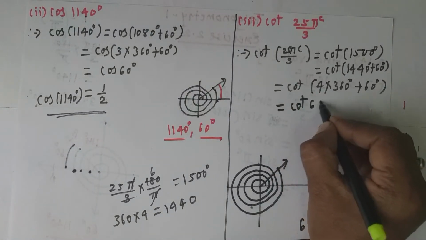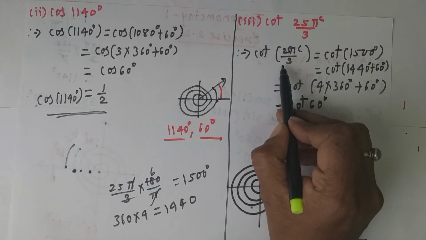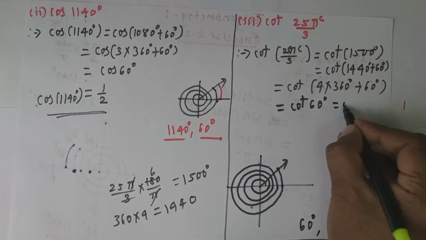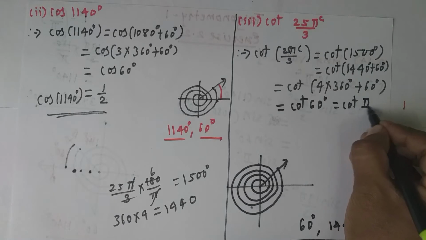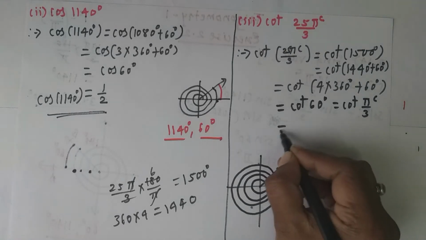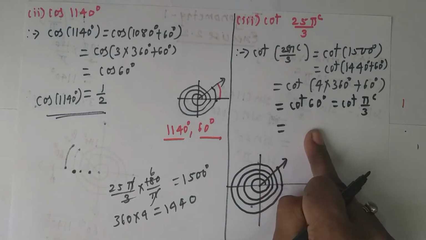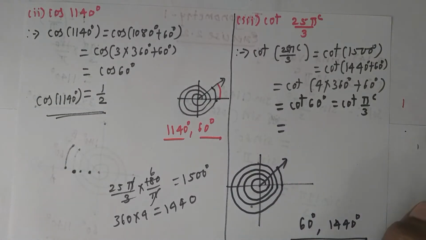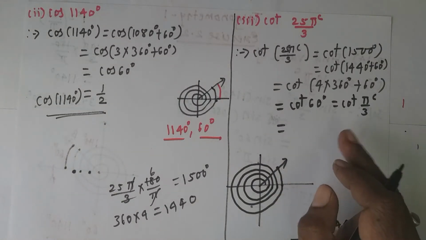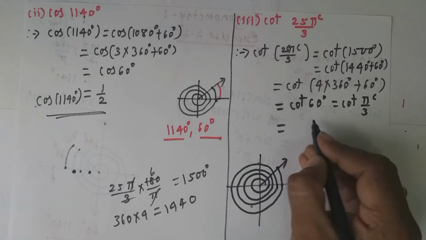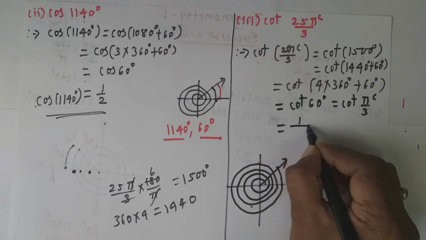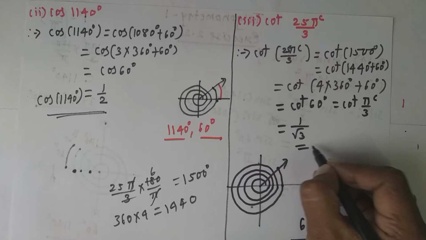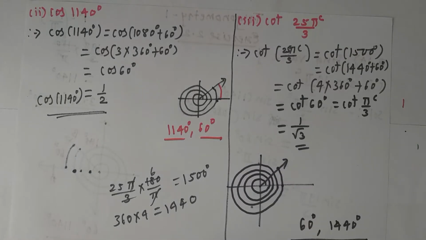Therefore this is equal to cot 60 degrees. Again, the angle is given in radians, so you write the angle in radians, that is pi by 3 radians. Then what is the value of cot 60 degrees from your table? We know that tan 60 is root 3 and cot is the reciprocal of tan. Therefore the value of cot 60 degrees will be 1 upon root 3. In this way, if you know the property of coterminal angles, then it is very easy to find the value of any trigonometric function of any angle.